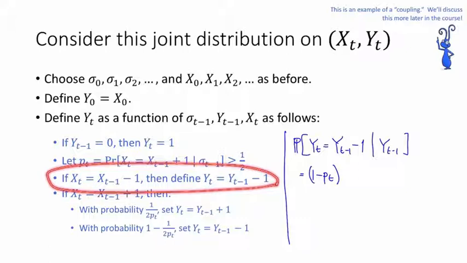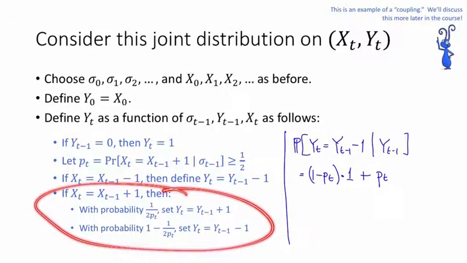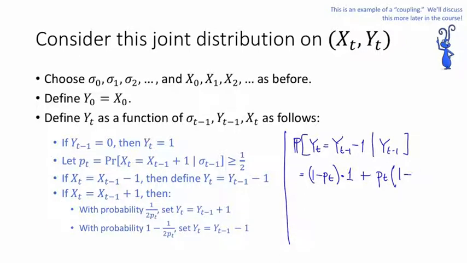In that case, y sub t is also going to be equal to y sub t minus 1 minus 1, so the probability that this outcome happens is 1, conditioned on that event. On the other hand, with probability p sub t, this event is going to occur, and in that case, the probability that y sub t is equal to y sub t minus 1 minus 1 is 1 minus 1 over 2 p sub t. So let's put that here, 1 minus 1 over 2 p sub t. And now we can see why we chose these particular expressions, because this simplifies nicely to be exactly 1/2.